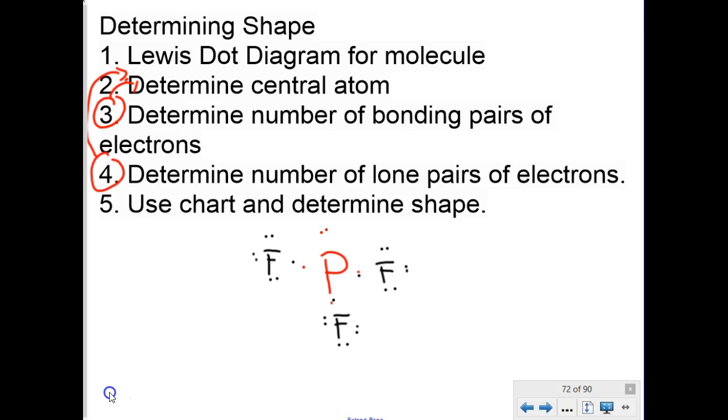You have 3 pairs of electrons that are bonded, and you have 1 lone pair. This is not going to be a trigonal planar. The reason is those lone pair of electrons are going to push against the bonding pairs. This is when you're going to have that trigonal pyramidal shape.